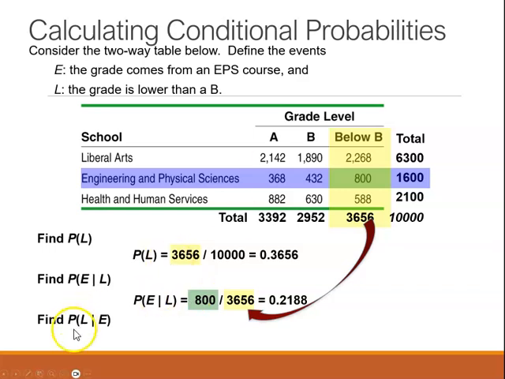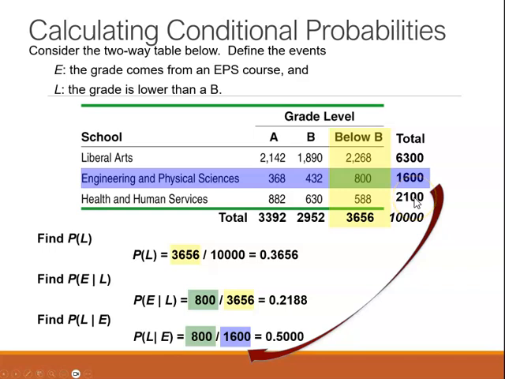All right, the probability of L given E. So the probability that we are lower than a B and EPS, that's still 800. But here we're dividing by the EPS courses, so 1,600.